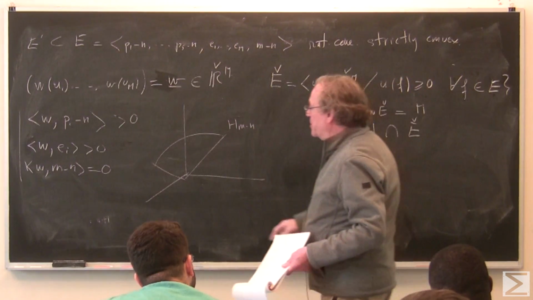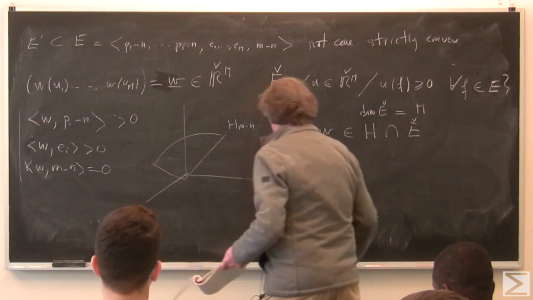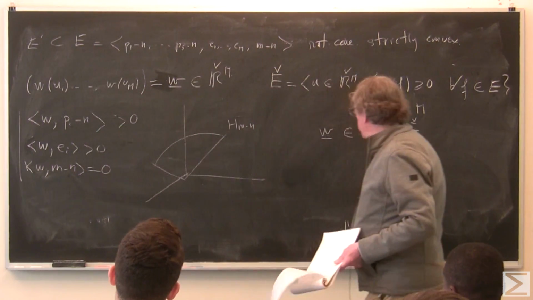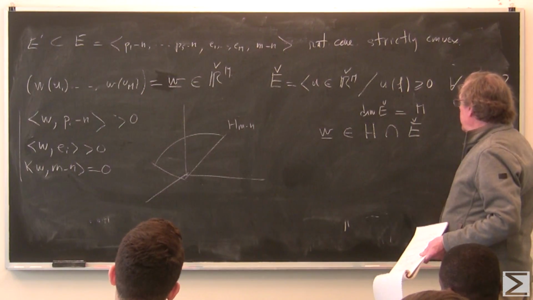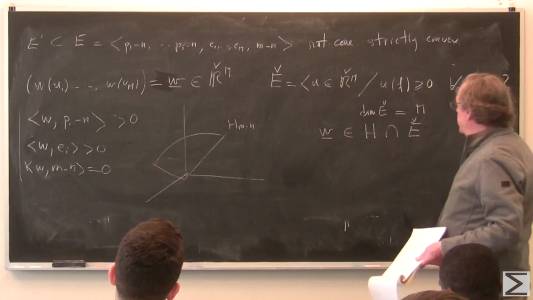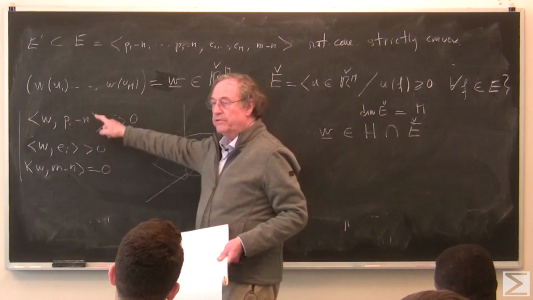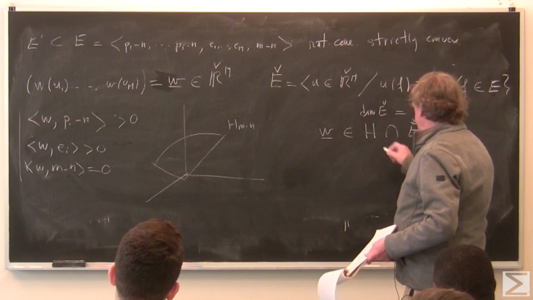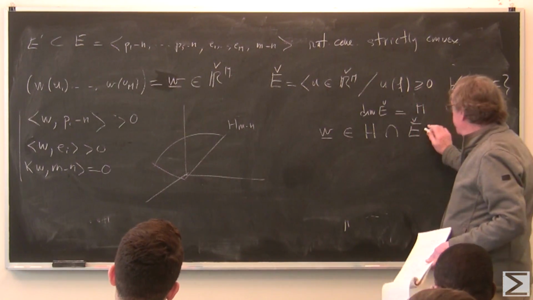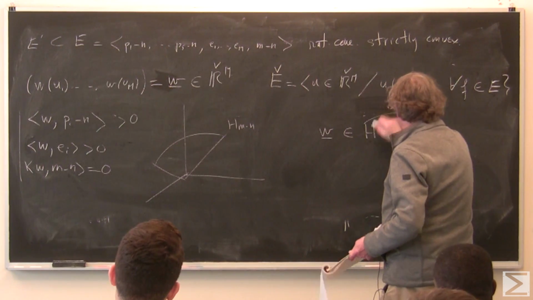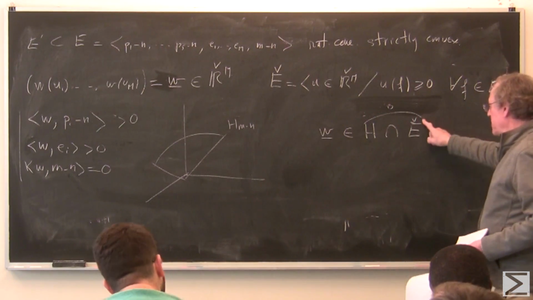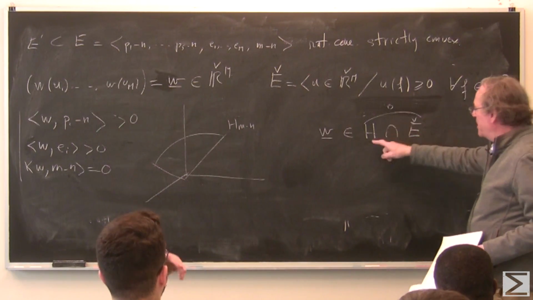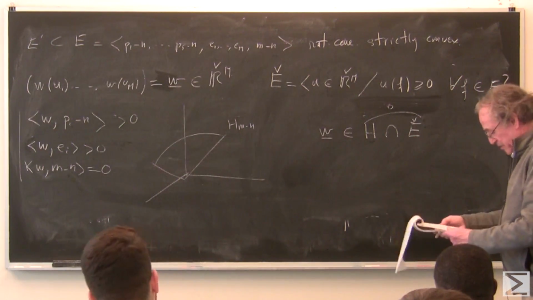It is in H because it satisfies W scalar product with m minus n equals 0. It is in E dual, because it takes a strictly positive value on all the generators of E. So not only that, but it is in the interior of this guy. Of course, this means relative interior, because not interior in the total space, but it is in the interior of the intersection with H.